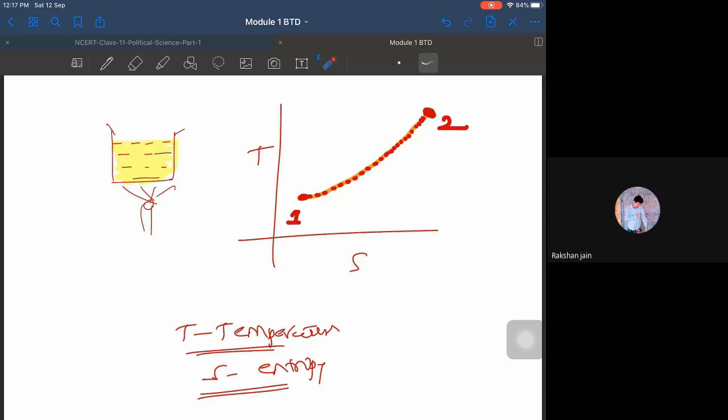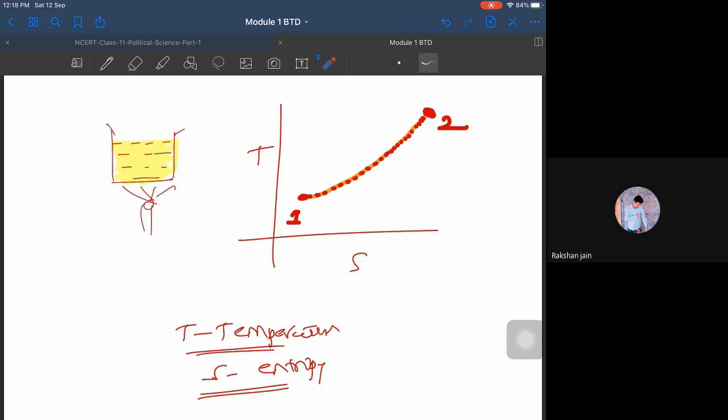If I ask what is the entropy at state 2, you see where is state 2, and go and plot it on the entropy axis to get the value of the entropy at state 2. That means in order to get the values of temperature and entropy, you just require a single point. So just by specifying a point on a diagram, you are able to get the value of temperature and entropy.